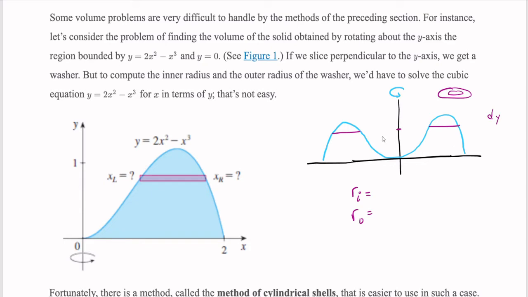Well, here's the problem. We cannot take this function and solve it as x is some function of y. This is not going to work, because when I pick a y value, there are actually two numbers I get. I give a y and I get here and here. So I can't just solve for one function.